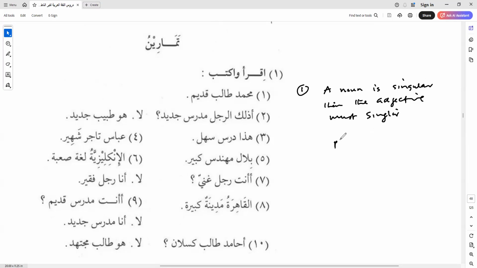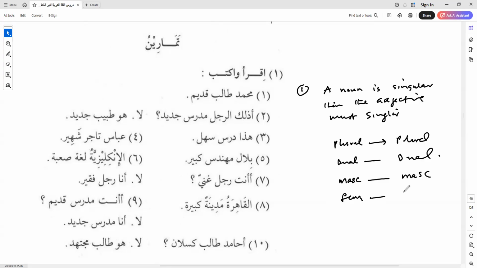So we can also say plural noun must take plural adjective. And then dual noun must take dual adjective. So it's always matching. If the noun is masculine, the adjective must be masculine. If the noun is feminine, the adjective must be feminine, and on and on and on.